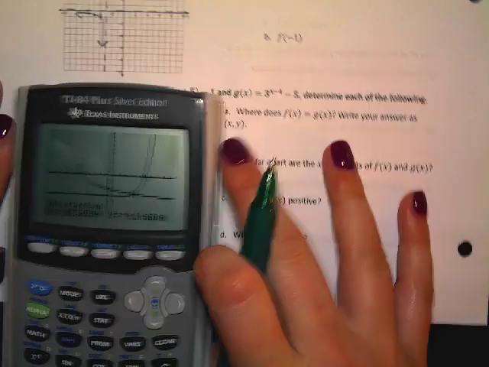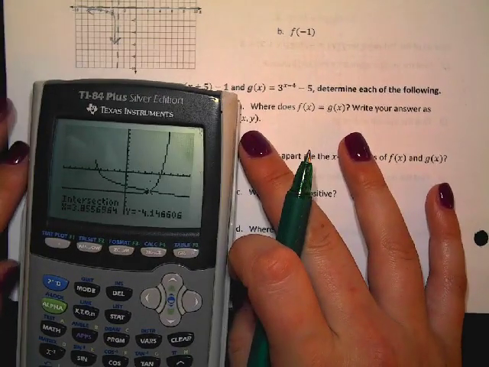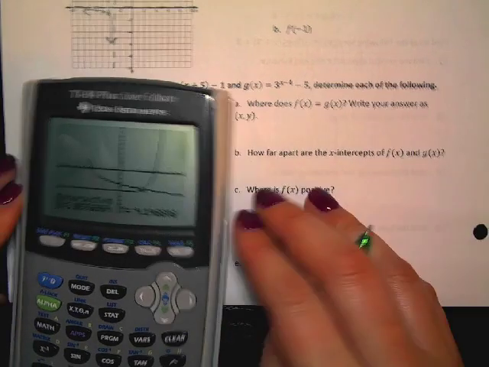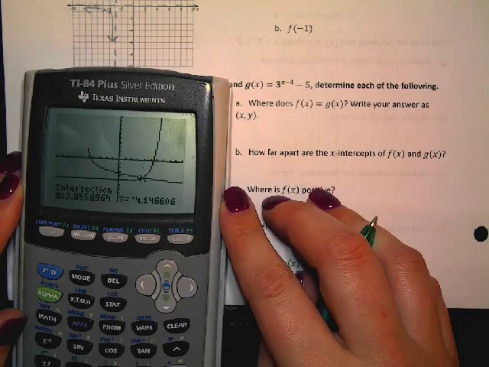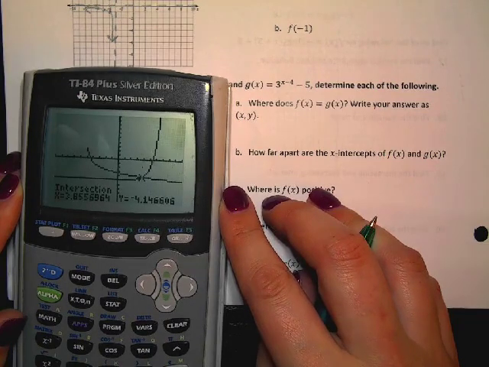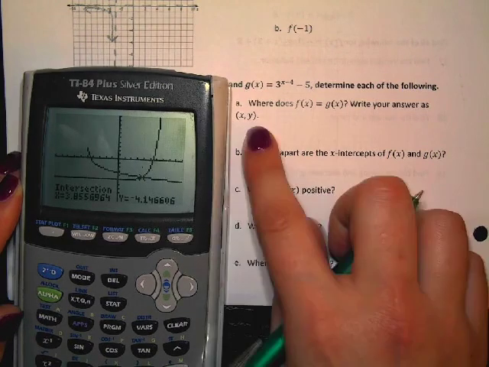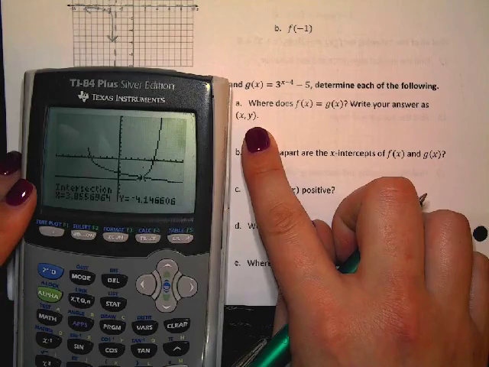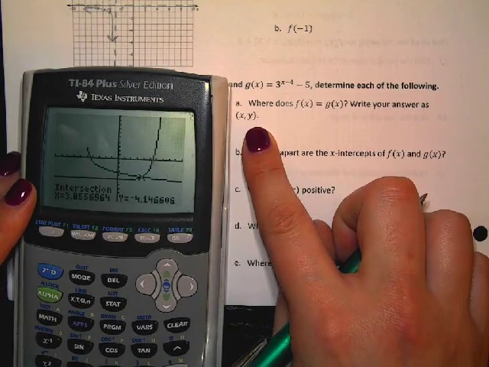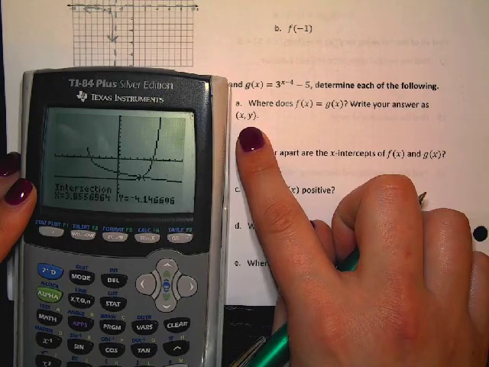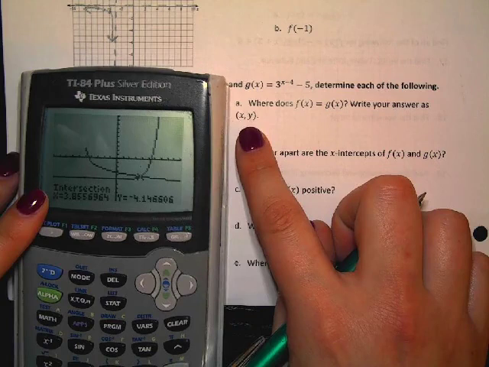Okay, and they're telling us to write our answer as x, y. What does that mean? How do I write my answer? Well, look at what it says on the paper.